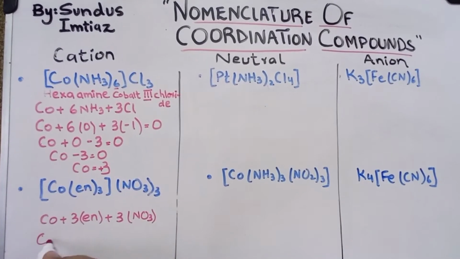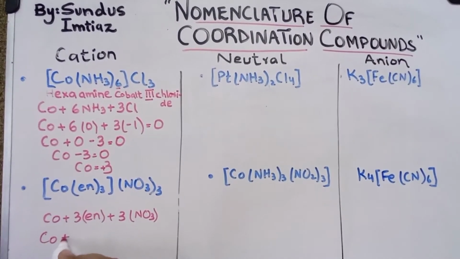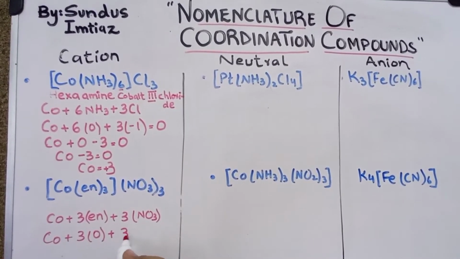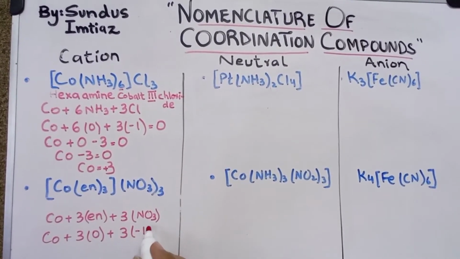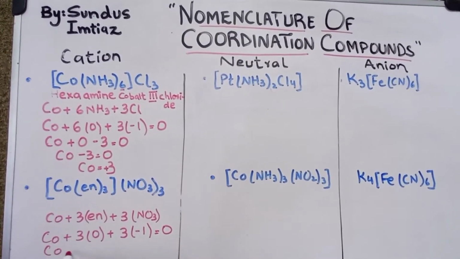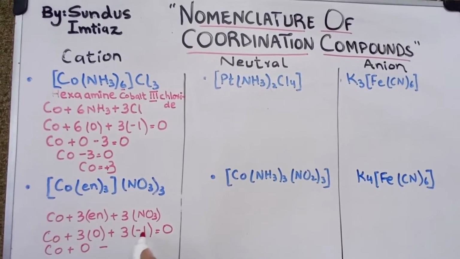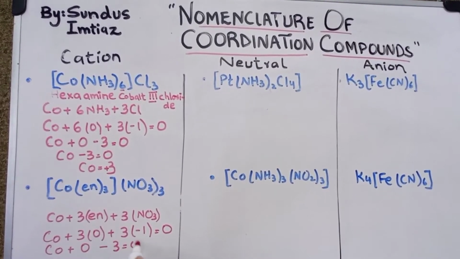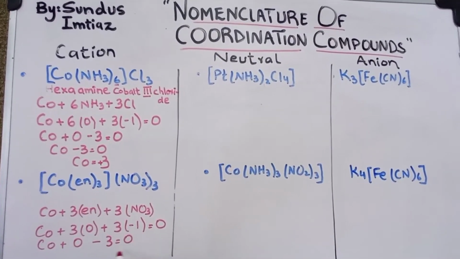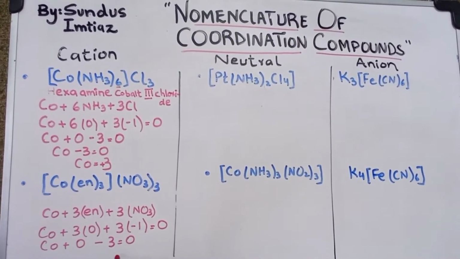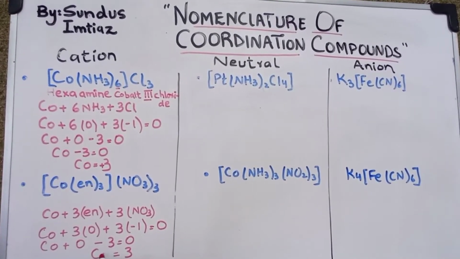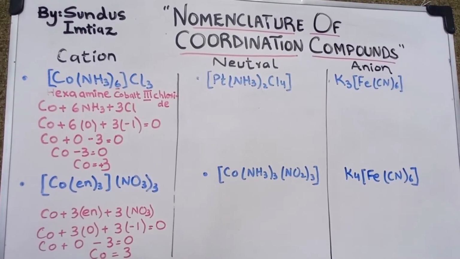Then cobalt plus 3 times 0, plus 3 times -1 is equals to 0. Then cobalt plus 0 plus -3 is equals to 0. The -3 will move to the opposite side, then it will be +3. Now this is the charge on cobalt.